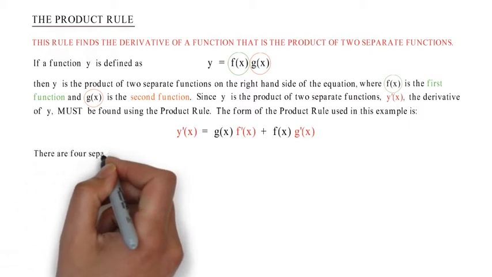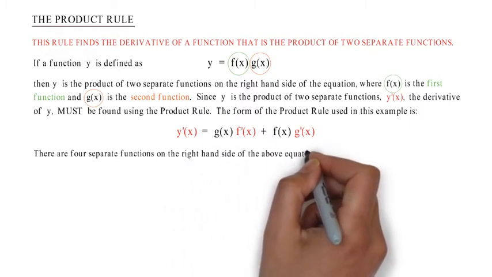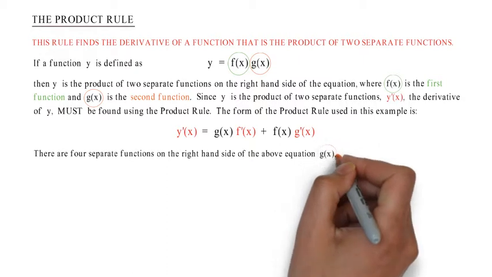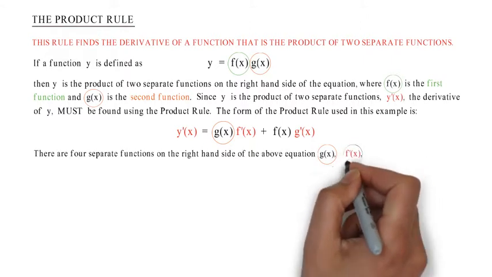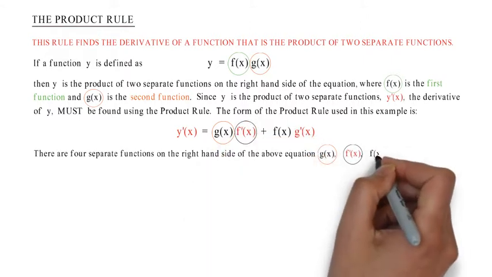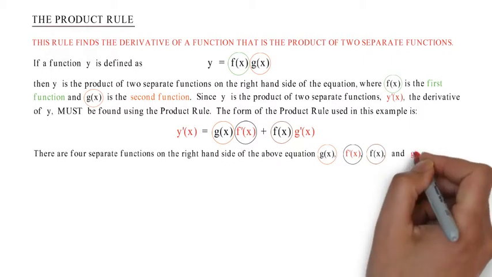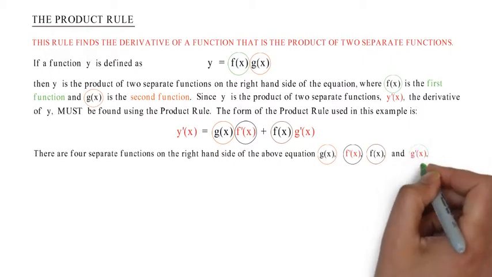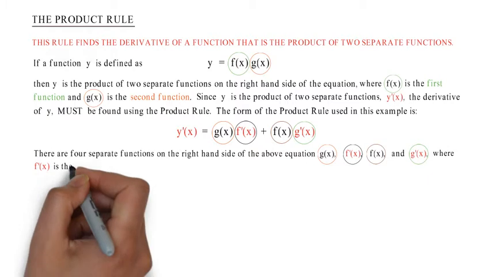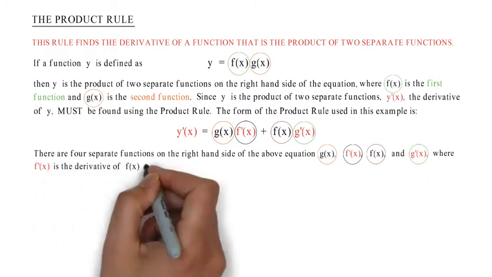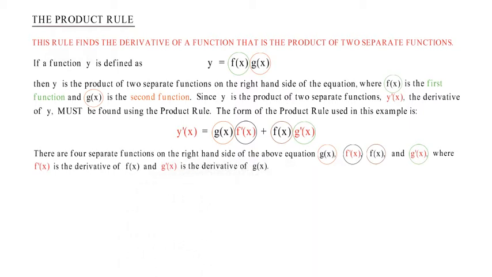There are 4 separate functions on the right-hand side of the above equation: g(x), f'(x), f(x), and g'(x). Where f'(x) is the derivative of f(x) and g'(x) is the derivative of g(x).